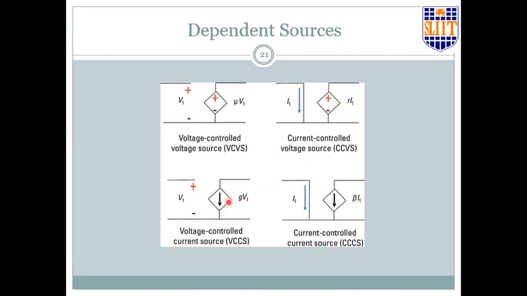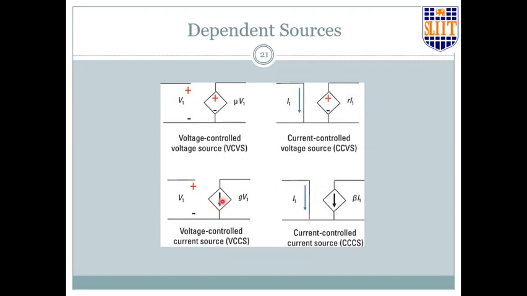The third case is a current source which is controlled by a voltage of another place, and here it's a current source which is controlled by a current. Now in this case both are voltages, so this is a unitless factor. In this case the output is a voltage but the input is a current, so it's a resistance value that you need to have as the constant in here.